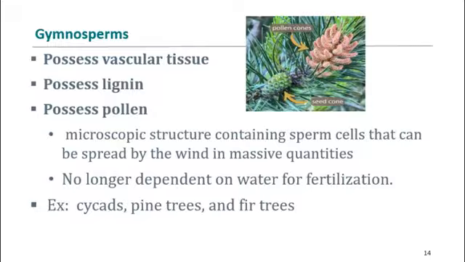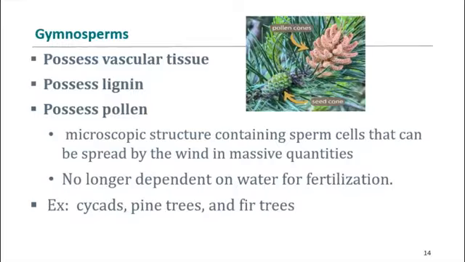Pollen is usually spread about by the wind. So instead of needing water to move the sperm cells, now we've got the air spreading the sperm cells around. In gymnosperms, typically you have a female cone and a pollen cone, or a male cone. The pollen cone, as you see in that image, is usually smaller in size and breaks apart much more easily, and those are the ones distributing all that pollen into the air.